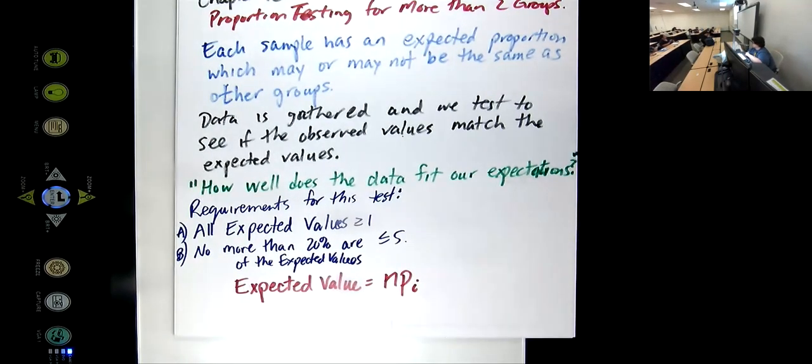Each group has its own proportion, so you're going to have a different expected value for each group.